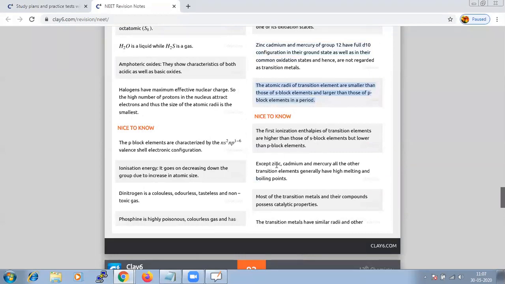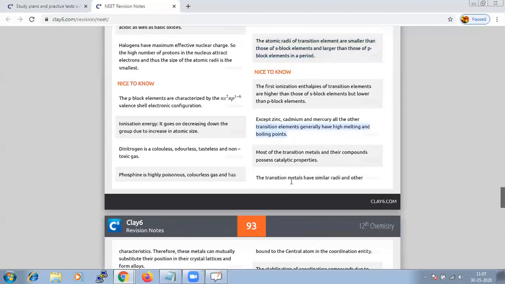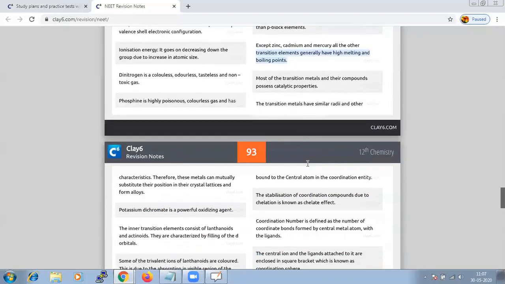Except zinc, cadmium, and mercury, all other transition elements generally have high melting and boiling points. Most of the transition metals and their compounds have catalytic properties, and the transition metals have similar radii and other characteristics.